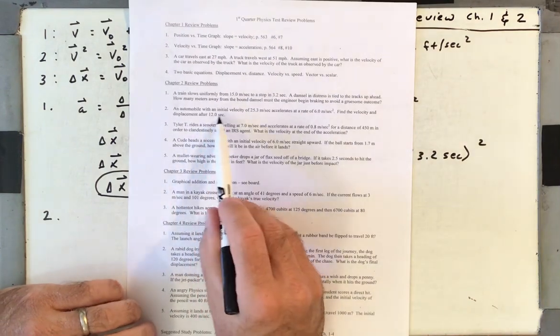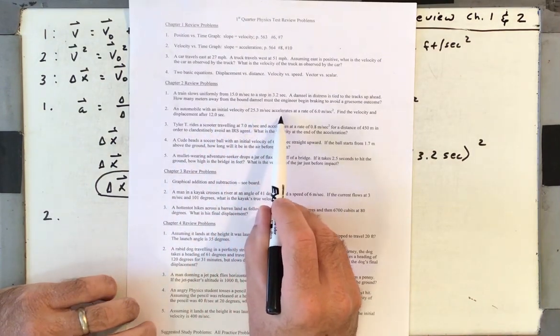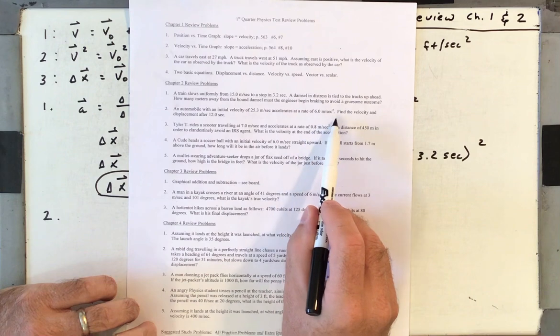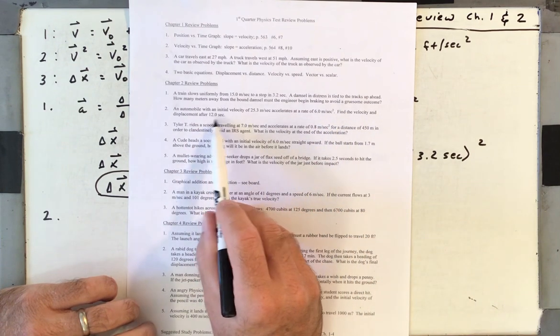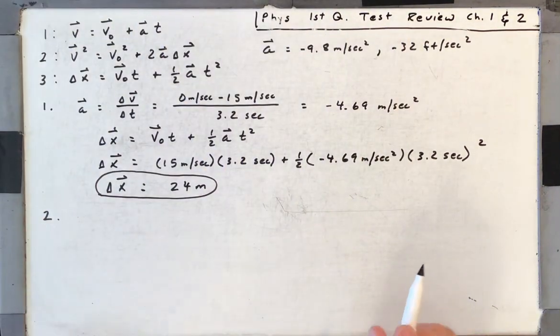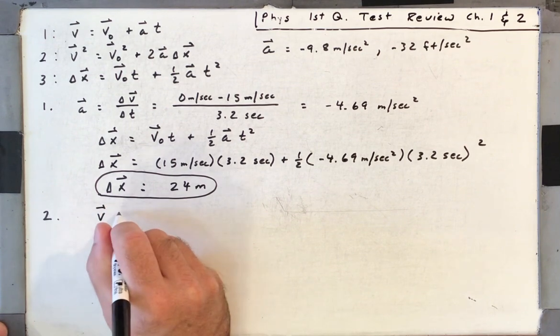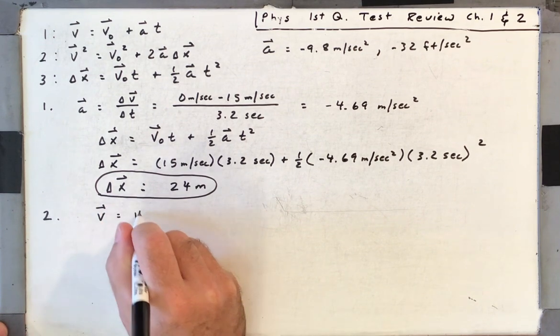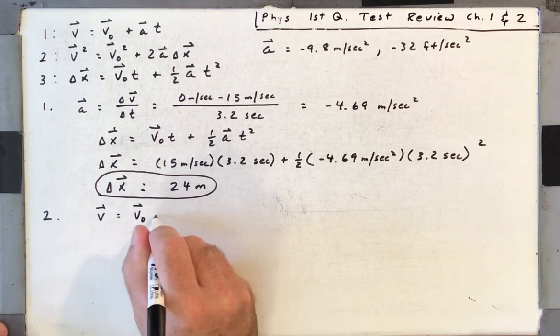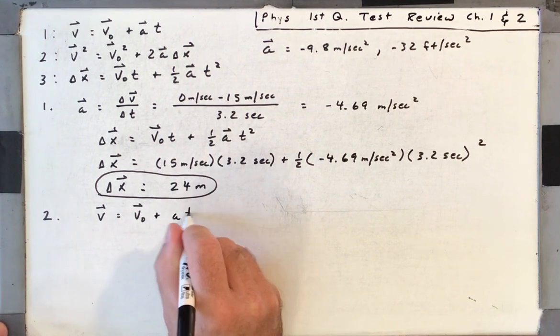An automobile with an initial velocity of 25.3 meters a second accelerates at a rate of 6 meters per second squared. Find the velocity and the displacement after 12 seconds. Okay, so we're finding 2 things. We're going to use 2 different equations. First of all, the final velocity is equal to initial velocity plus acceleration times time.